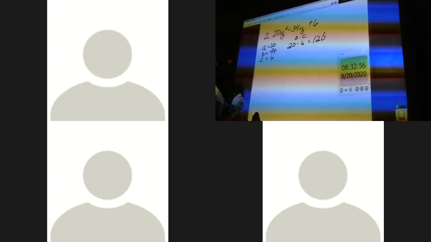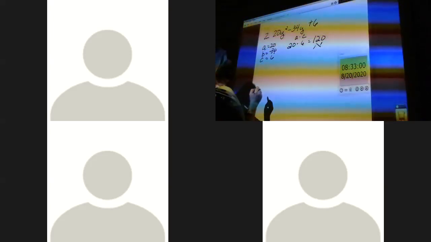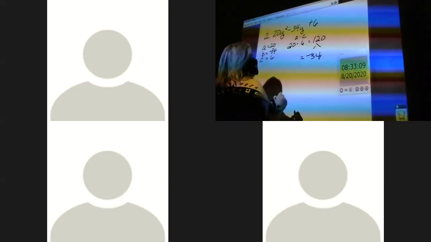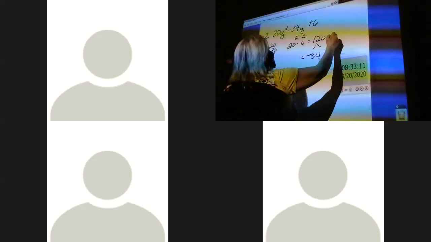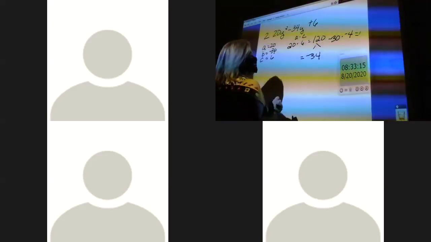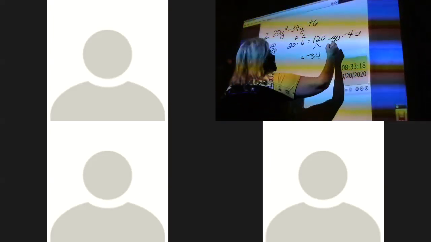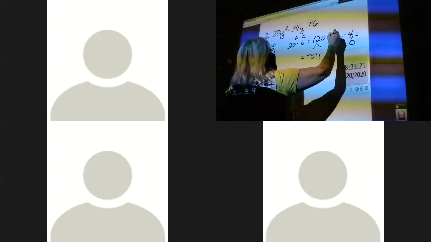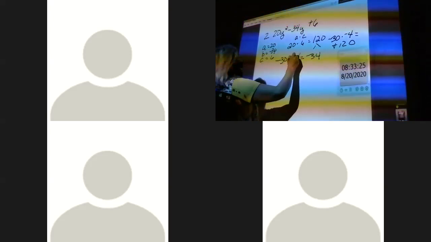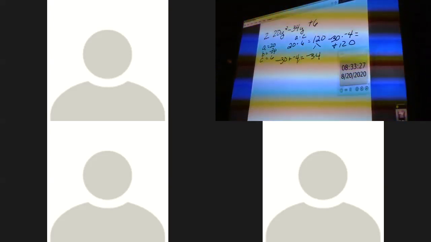So then, you're looking for factors of 120 that's gonna equal what? Negative 34. -30 and -4. So negative 30 times negative 4 gives you what? Positive 120. And when you add negative 30 plus negative 4, you get the negative 34.